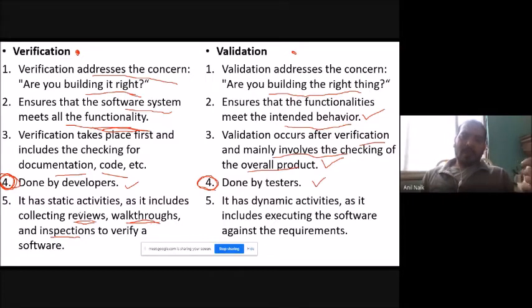So this is one way of inspection, review, or walkthrough. There may be some technical problem from the student side or from the teacher's account. So this checking is one type of verification process. Validation is a dynamic activity, as it includes executing the software against the requirements.